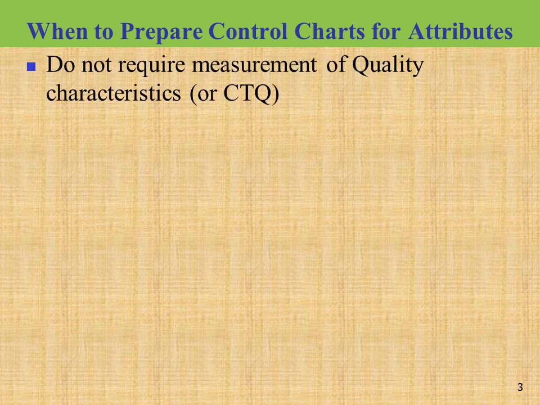In previous lectures, we learned how we use different types of control charts for variables. In contrast to control charts for variables, we do not measure any physical quantity to prepare control charts for attributes. That is, in case of control charts for attributes, we do not measure any quality characteristics, or we call it CTQ.